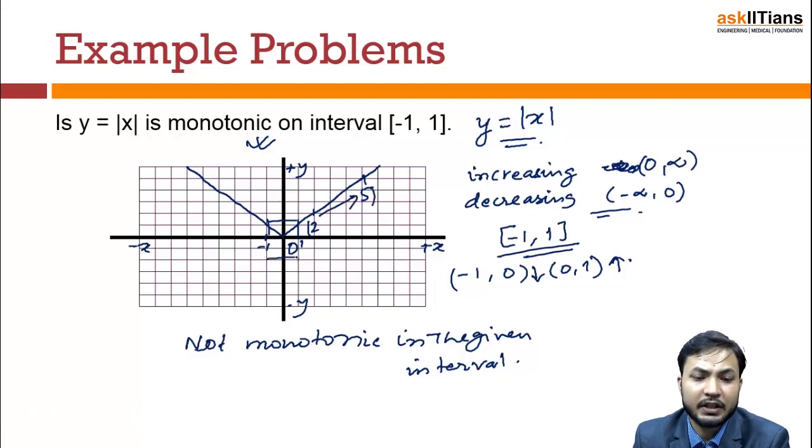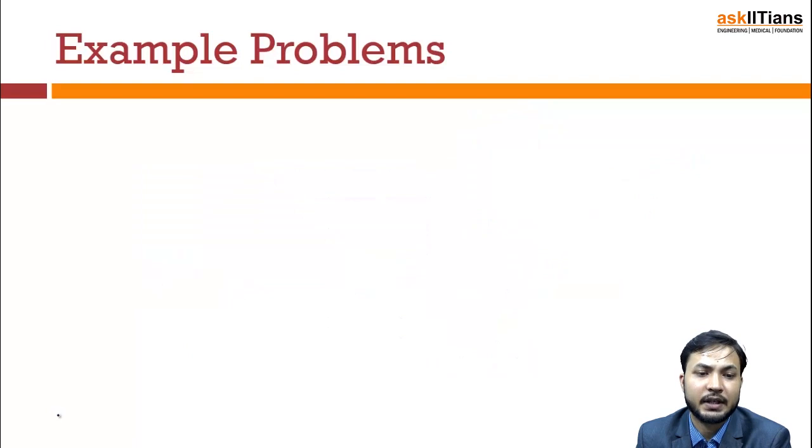But in this part, the function first is decreasing and then it is increasing, so it does not become monotonic. If it were in this domain, however, it would have been increasing and thus it would have been a monotonic function. Alright, now let's look at the next example.